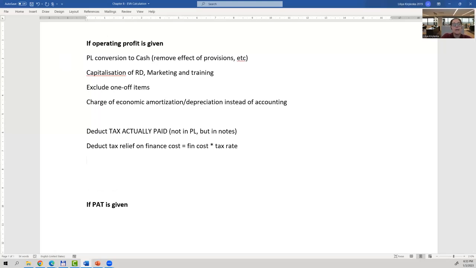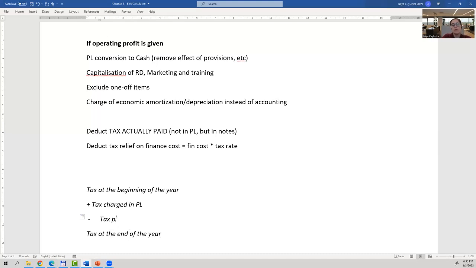Okay, let us talk about how to find tax paid if it's not given to you. We will make a rule. So we will see tax at the beginning of the year. We will add tax charged in P&L. We will take tax at the end of the year. And tax paid will be the balancing figure.